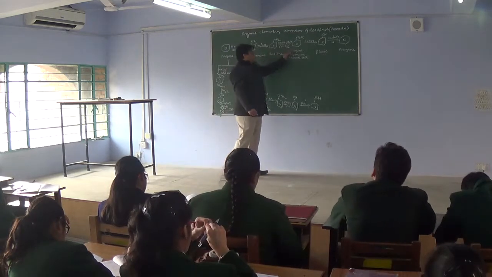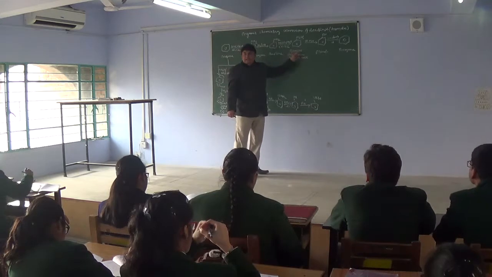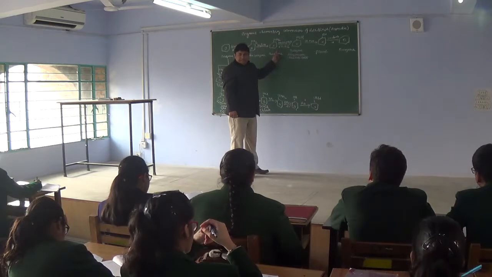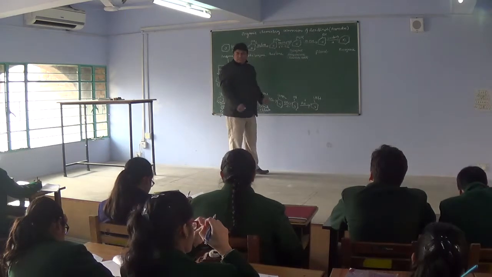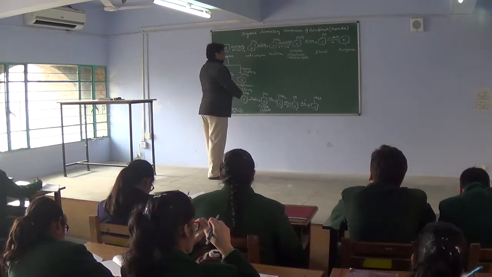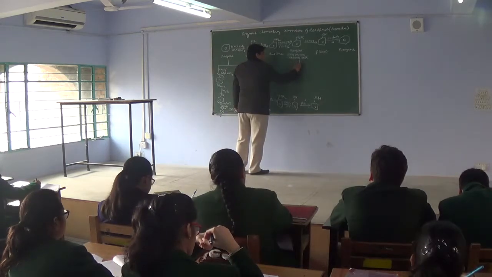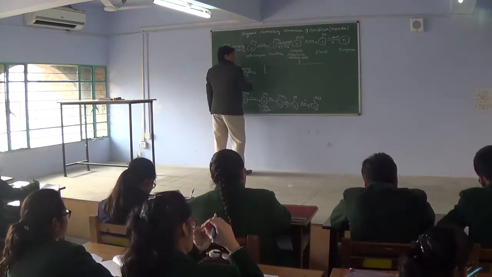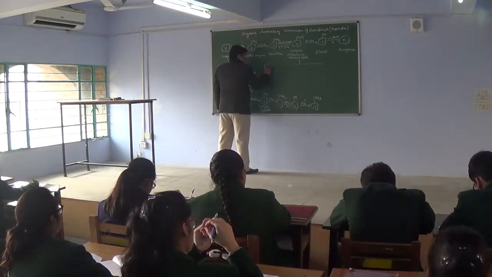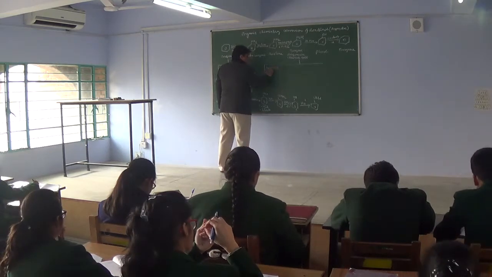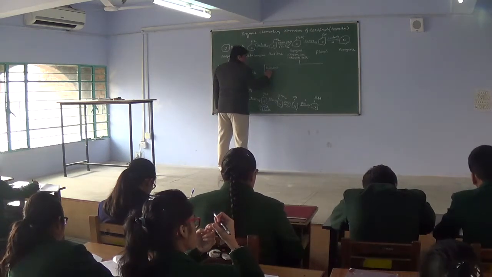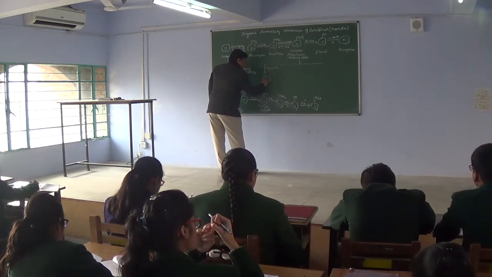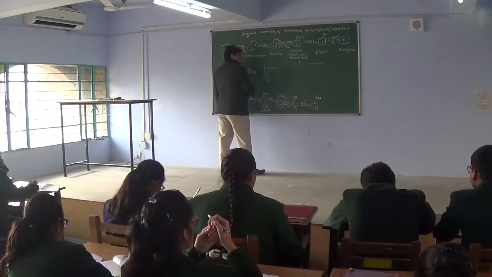This reaction is known as diazotization reaction. Three name reactions: Friedel-Crafts, Etard, diazotization, D-I-A-Z-O, diazotization reaction. From benzene diazonium chloride, we have so many paths open for us. With Cu2Cl2/HCl, this will give you chlorobenzene.